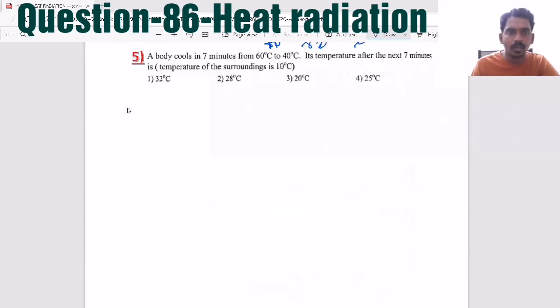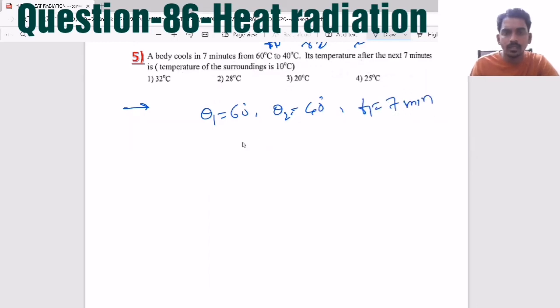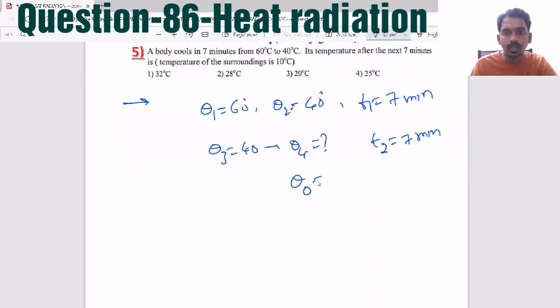Next, similar question. A body cools in 7 minutes from 60 to 40. So theta 1 60, theta 2 40 and T1 is 7 minutes. So its temperature after the next 7 minutes. That means now theta 3 40 it will go to theta 4, something we don't know, in time again 7 minutes, where the temperature of the surroundings theta naught is 10, they are telling.